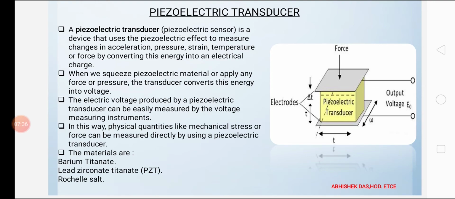This displacement of the internal charges produces equal external charges of opposite polarity on the opposite sides, and these external charges can be measured by measuring the potential difference across the electrodes fitted on the opposite sides of the crystal. The materials used for piezoelectric transducers are quartz, Rochelle salt, ammonium dihydrogen phosphate.